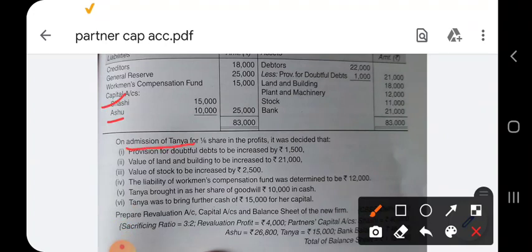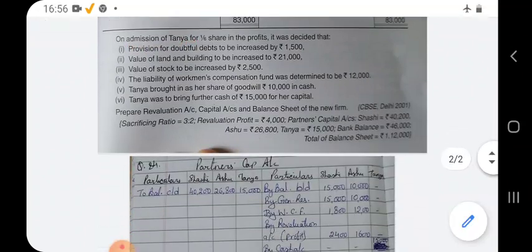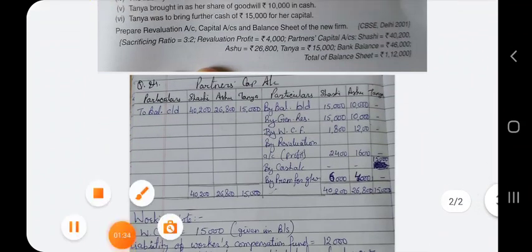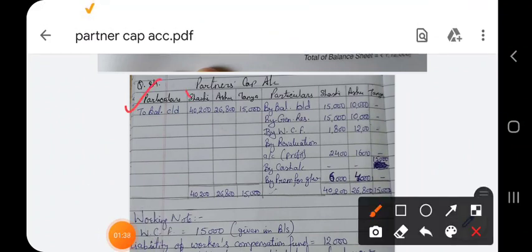So Tanya is the new partner, and now we have three partners. Here, one column is particulars, next is Shashi's column, Ashu and Tanya, amount columns for Shashi, Ashu and Tanya. And in the same way we prepared the credit side, Shashi, Ashu and Tanya with a particulars column. It means we prepare a total of 8 columns.